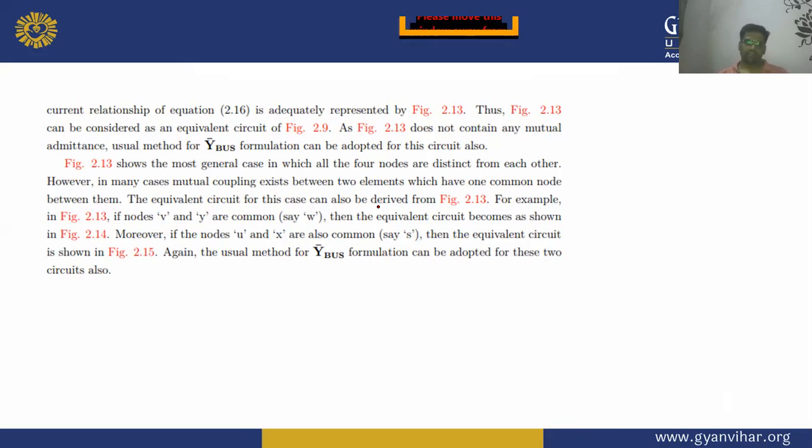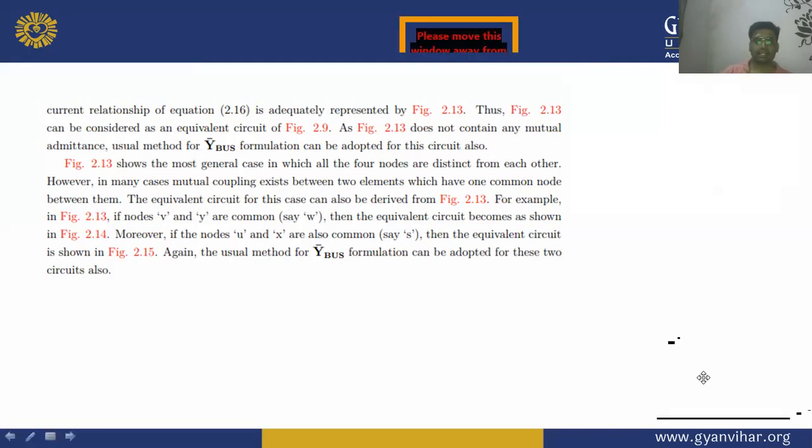A current is injected at each of the nodes and then the voltage values are calculated. Now, figure 2.13 shows the most general case, in which all of these nodes are distinct from each other. Now, it is important that in many cases, the mutual coupling exists between two elements which have one common node between them.